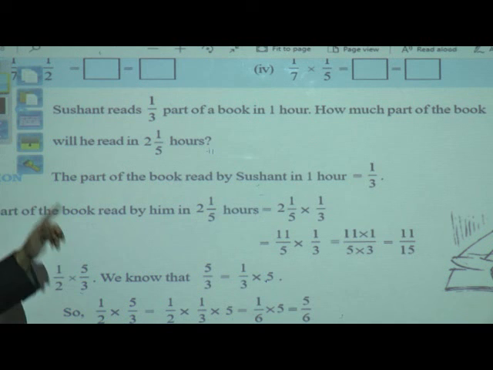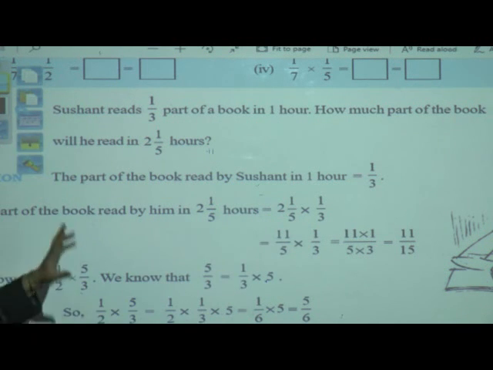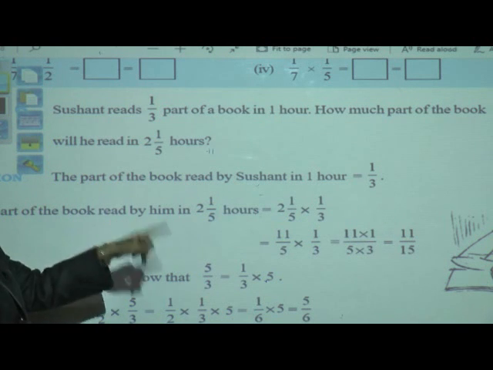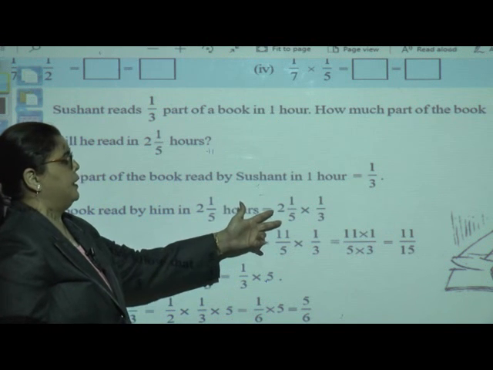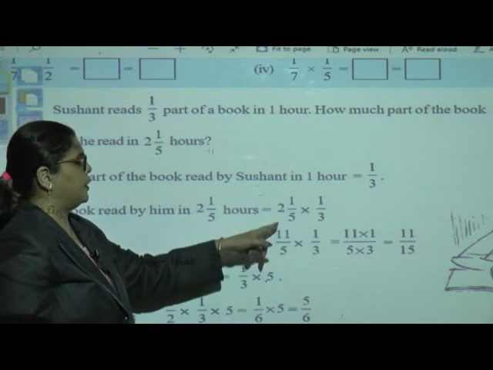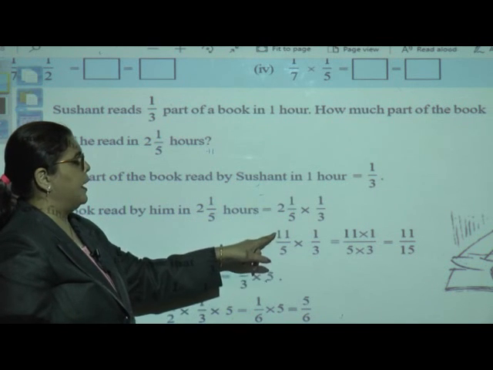So what do we have to do? We have to do the multiplication, that is a mixed fraction multiplied by a fraction. What do we have to do for the mixed fraction? You know very well, we have to cross multiply and add the numerator. So 5 2s are 10, 10 plus 1 is 11.